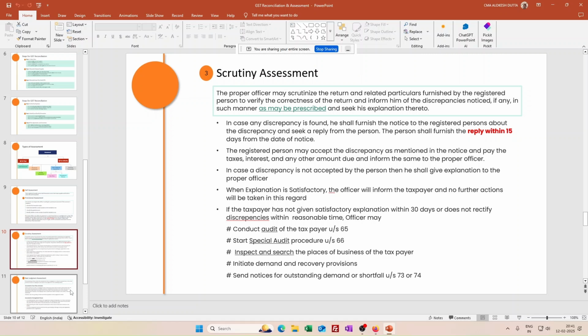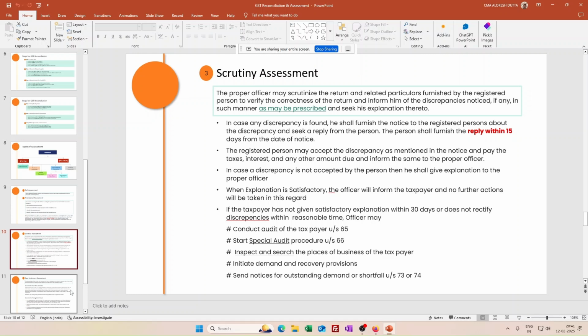Otherwise, he can pass an order within 30 days, or the assessee cannot rectify the discrepancies within a reasonable time, within 30 days.